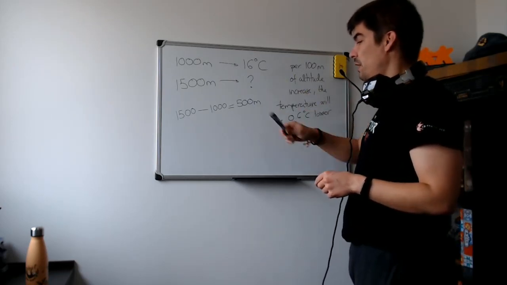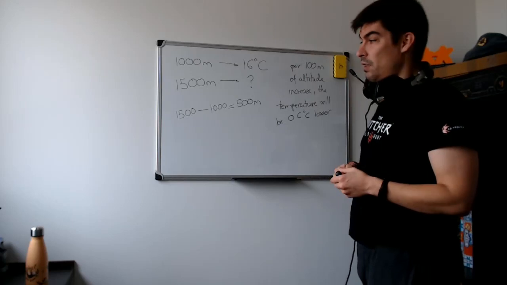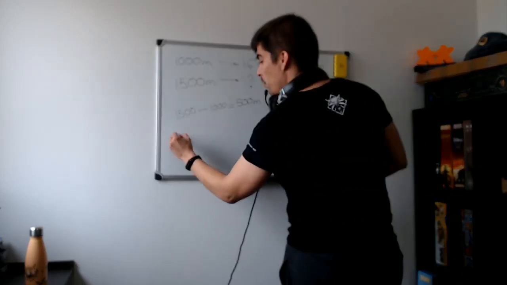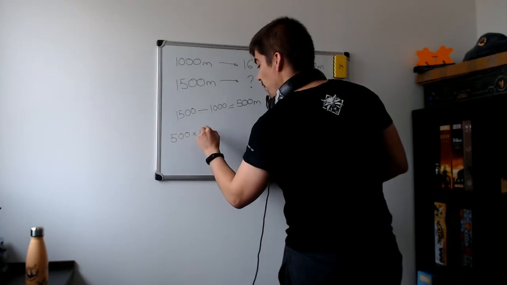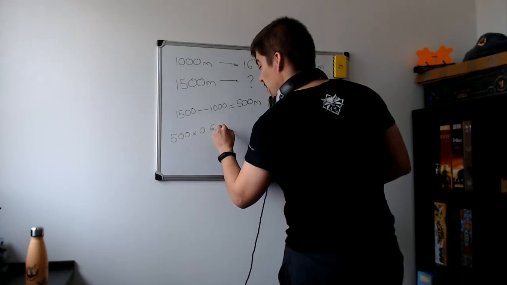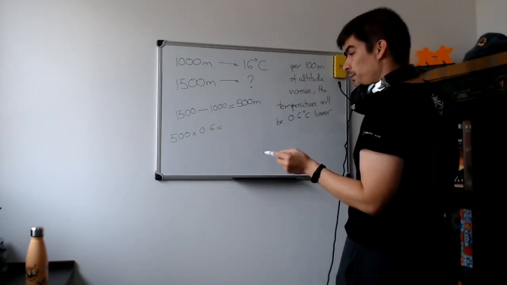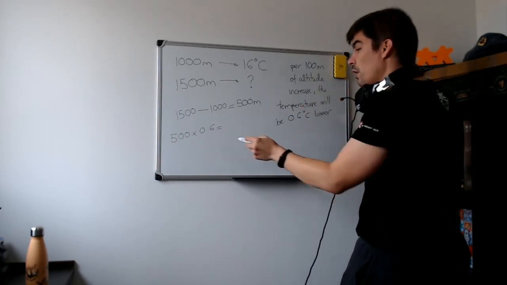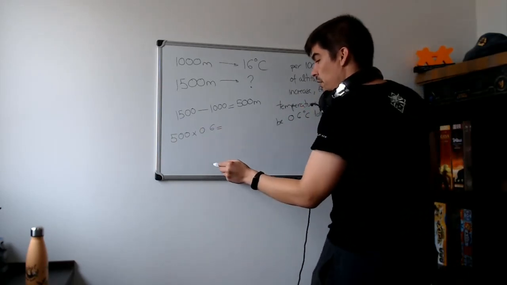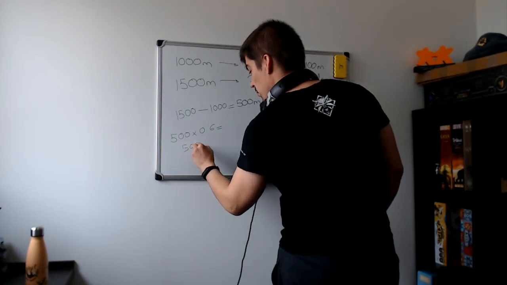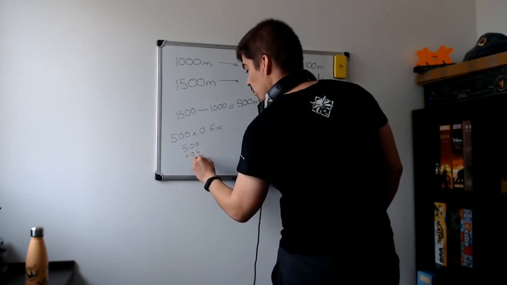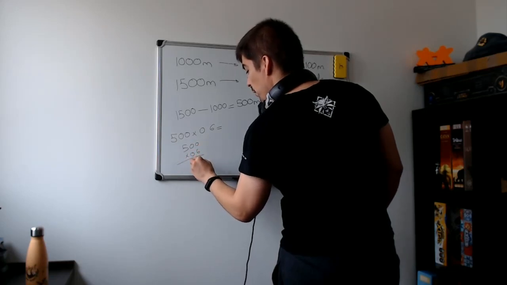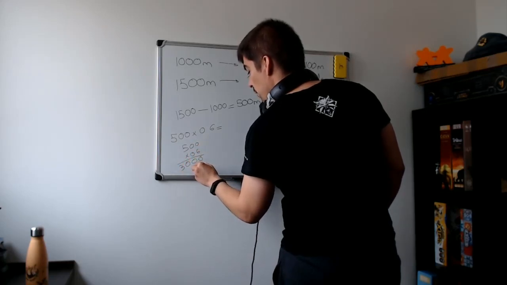this means that we have to multiply 500 by 0.6. And what is the result of this? Zero, zero, zero, 3, 0, 0, 0.